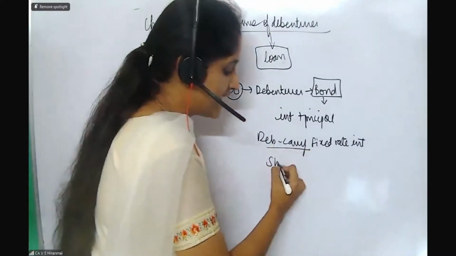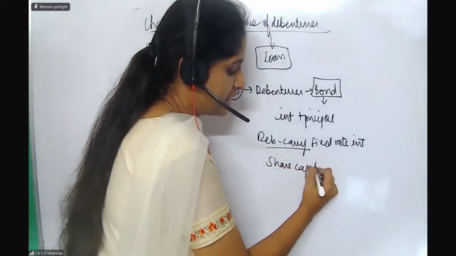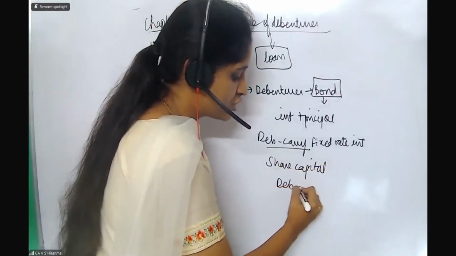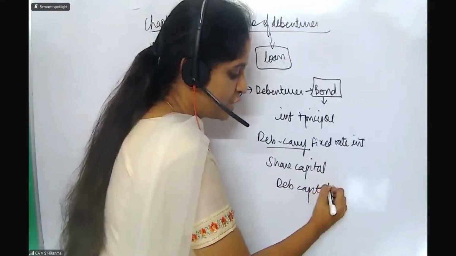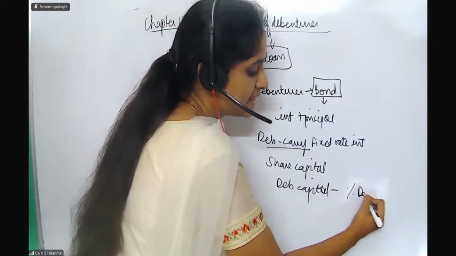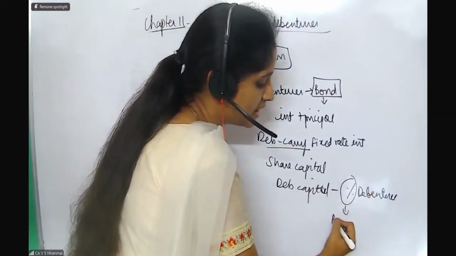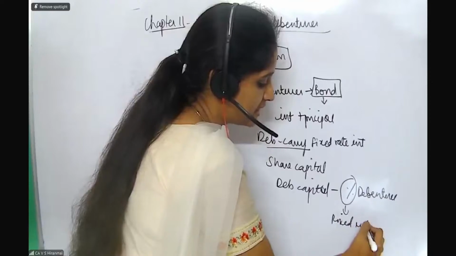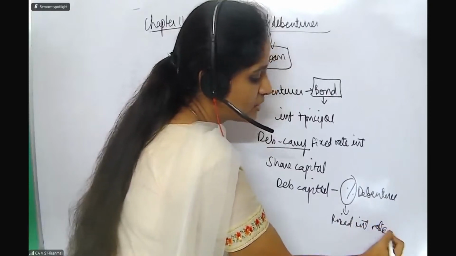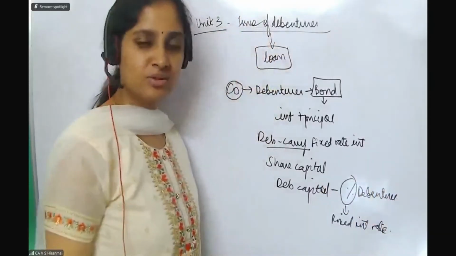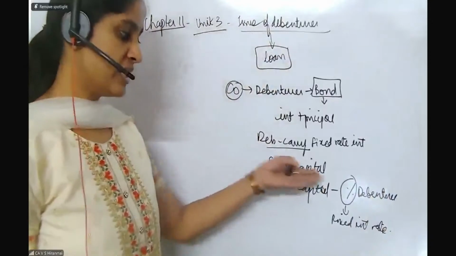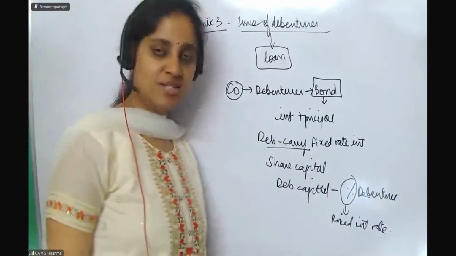There it was called share capital. Here it will be called debenture capital. But you will use the word percentage debenture. Always the percentages denote the fixed interest rate. So there is nothing much. Where you use share capital, you will use the word percentage debenture.